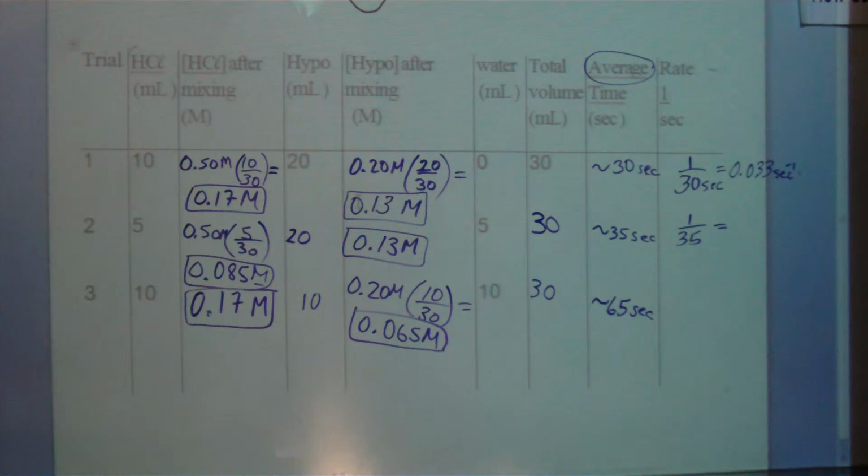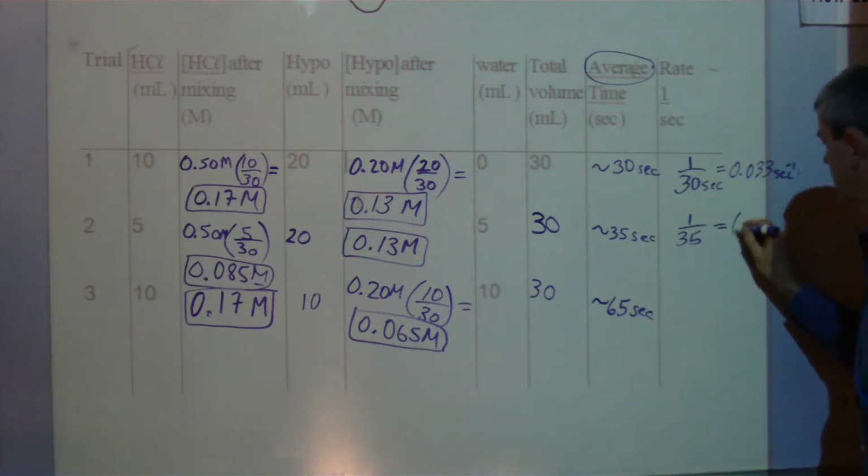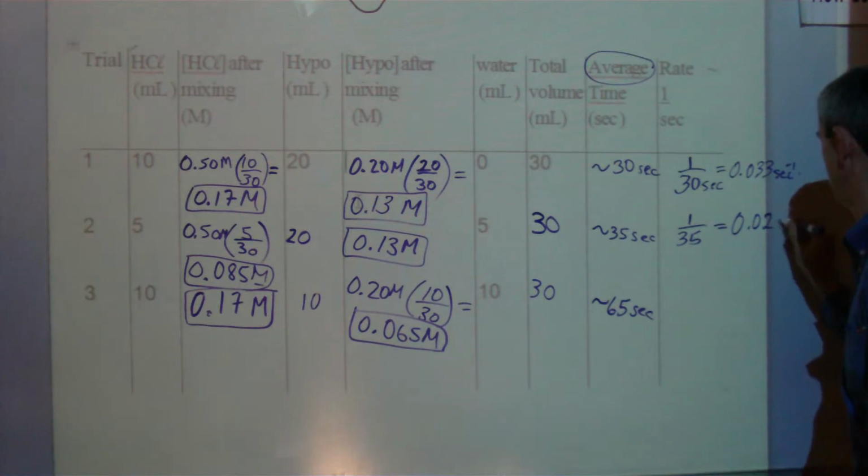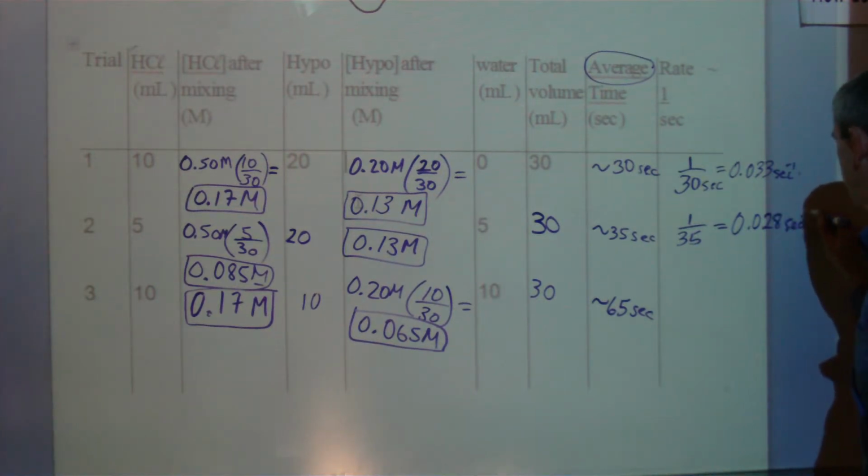If I just get my calculator out here, I can calculate that rather quickly. 1 over 35. Well, that is 0.028 seconds to the -1.